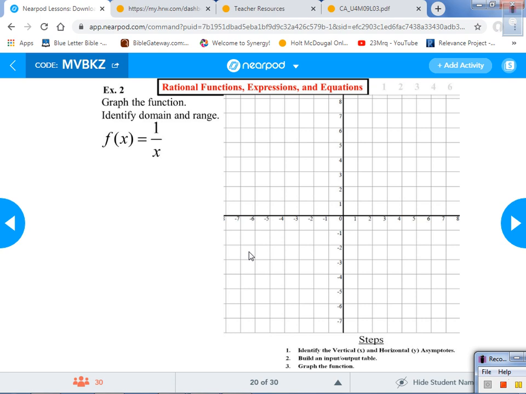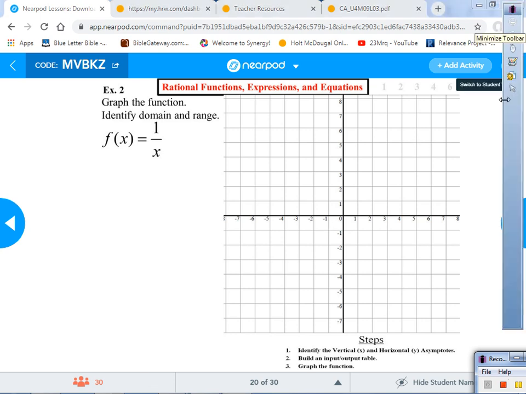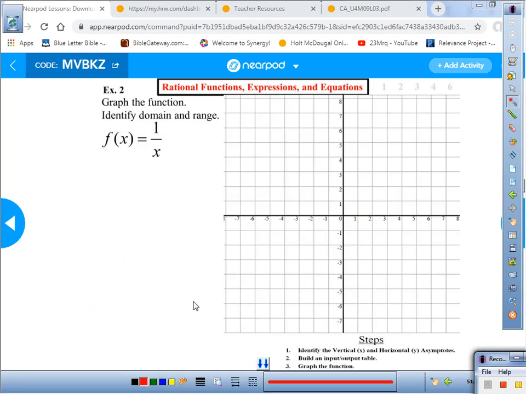Ready? Here it goes. What is step 1? I left it on the screen. What does it say? Identify the vertical and horizontal asymptotes. So I'm going to use the asymptotes that we just found. All right. So was it red for the vertical or blue?